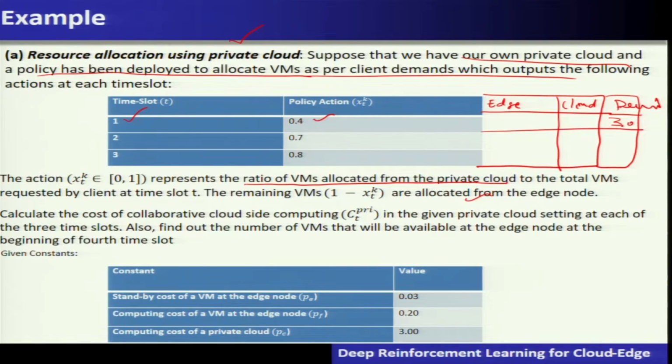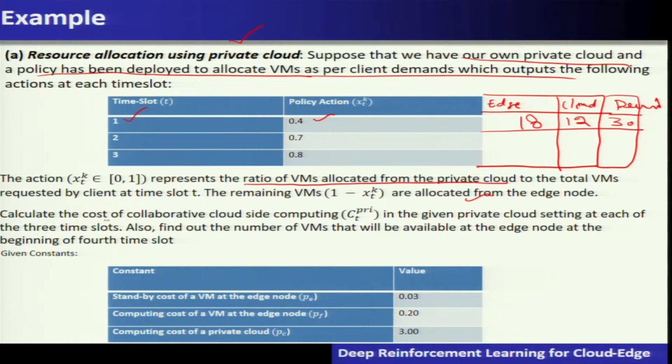Then let us see the distribution: 12 will come from the cloud, and 18 will come from the edge. So you can see that the larger share will come from the edge and a smaller share from the cloud. Similarly, 0.7, if it is the requirement of time slot 2, that also can be met and is shown over here.